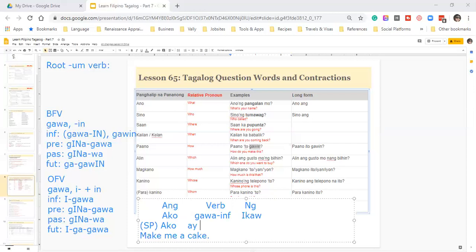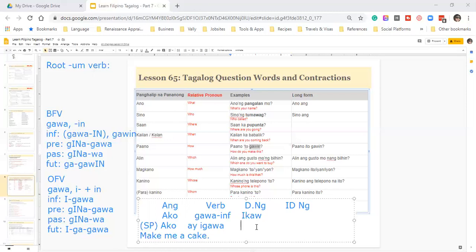Gawain, gawa, OFV. Igawa, OFV. Yes. Ko ay igawa, and the nang case. So you have two nang cases. Mo would be the direct object. This is direct focus, and this is indirect focus, direct object and indirect object.